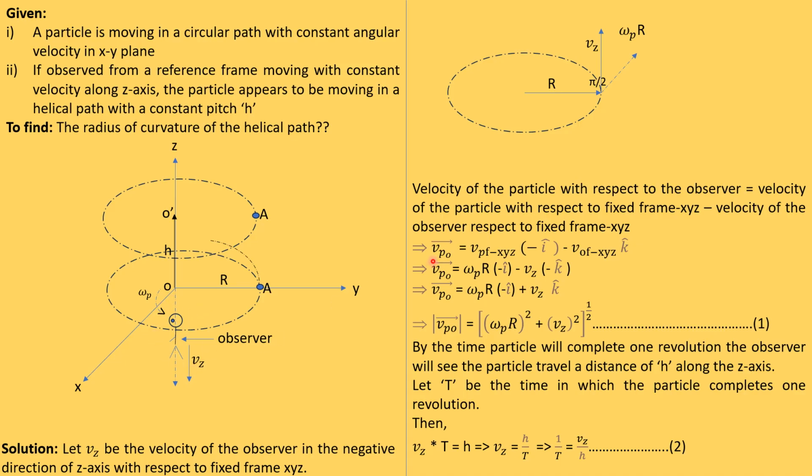So we will apply the equation: velocity of particle with respect to observer will be velocity of particle with respect to the fixed frame xyz minus velocity of observer with respect to frame xyz.